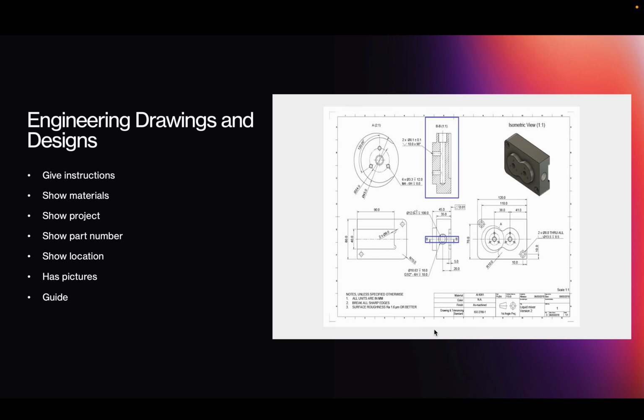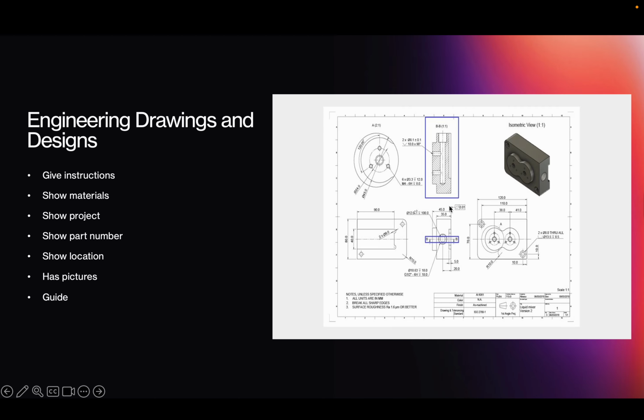So, the drawing gives instructions. Some of them show materials. They have to show the project number, the part number. They show location, meaning that if it's a continuous run of parts, it's sort of like a map and it tells you where every part goes. They have pictures and it's overall just a guide, right?